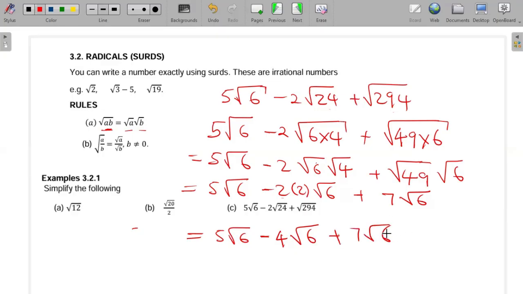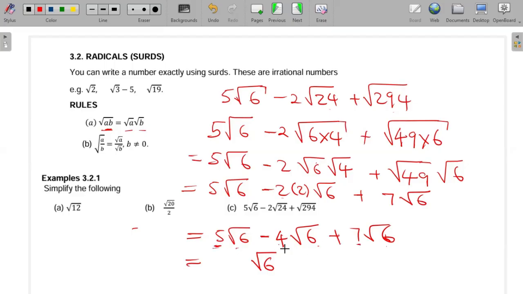Now from here you can add and subtract. Since they have the same radical, I can add them. You just consider the numbers in front and keep the radical, so the root 6 will remain. I have a 5, a negative 4 and a 7.